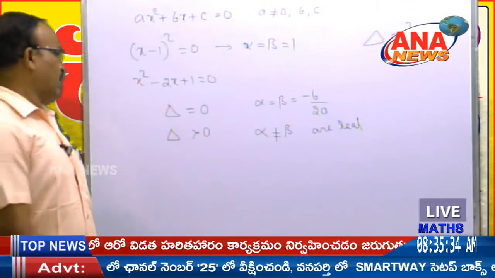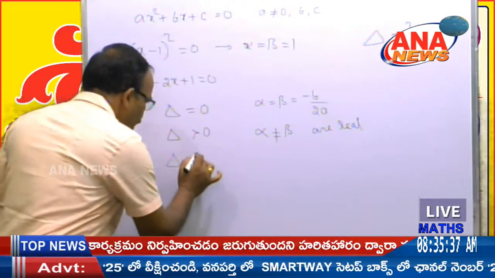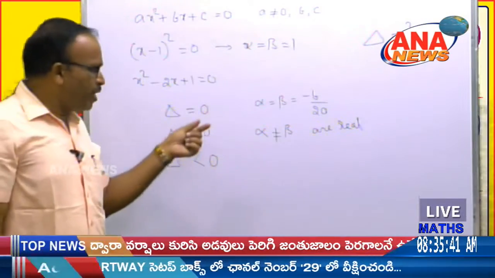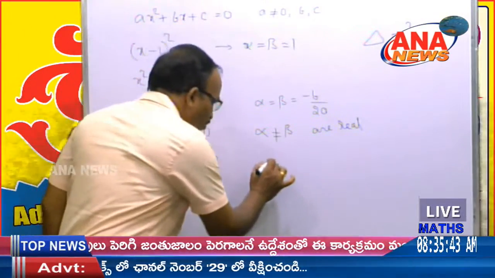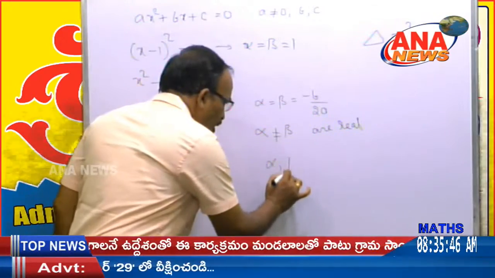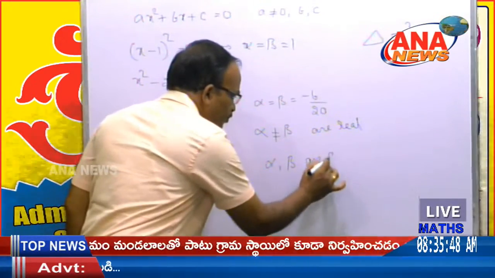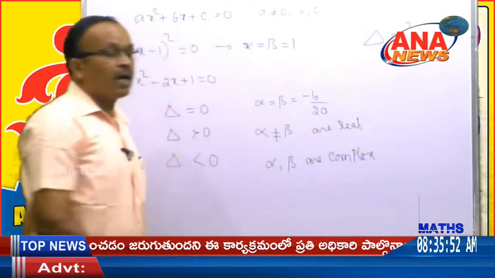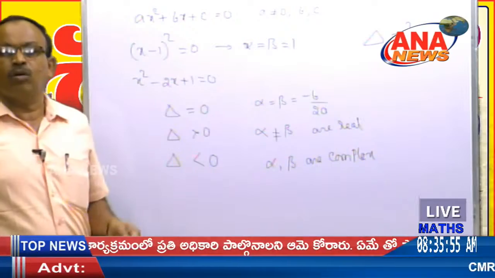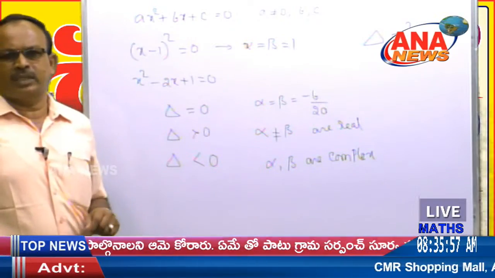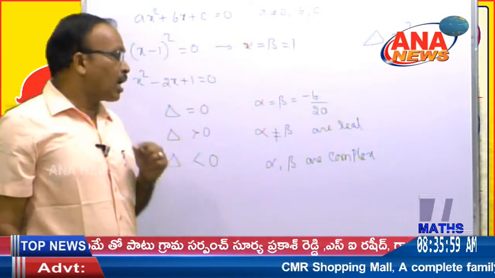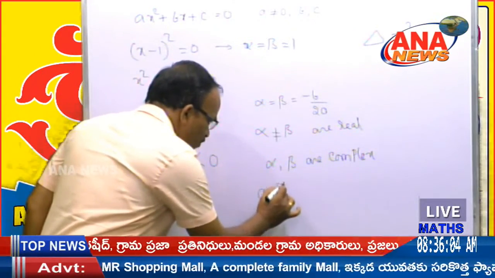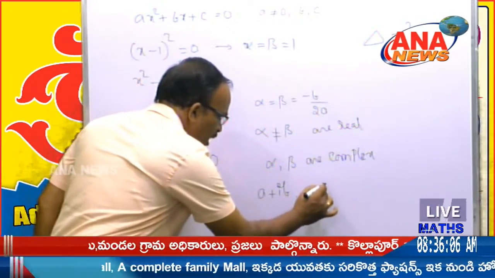If delta is less than 0, alpha, beta are complex. Those two are also conjugate complex numbers. They are in the form a + ib, a − ib.